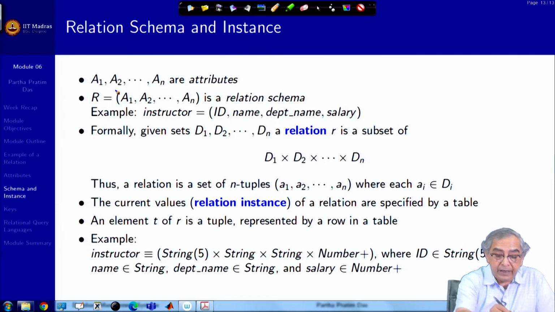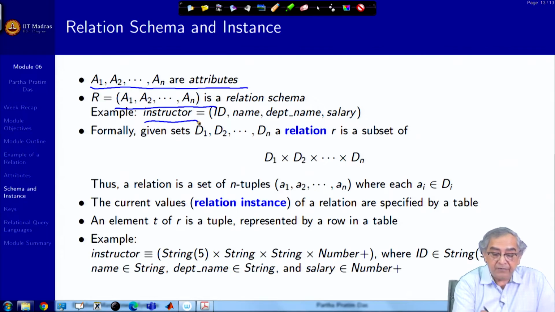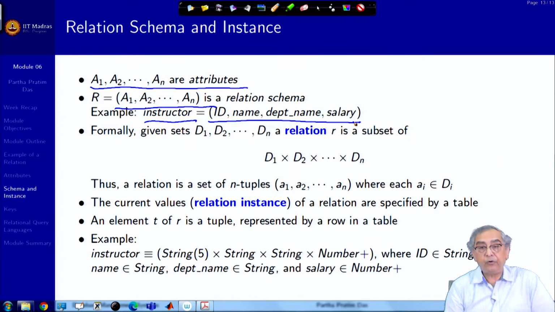So, if there are n attributes, then we say a relation A1, A2, An is a relational schema, because it says that these n attributes are there. So, what does it mean? If I have an instructor with 4 attributes, then this is the relational schema of the instructor.